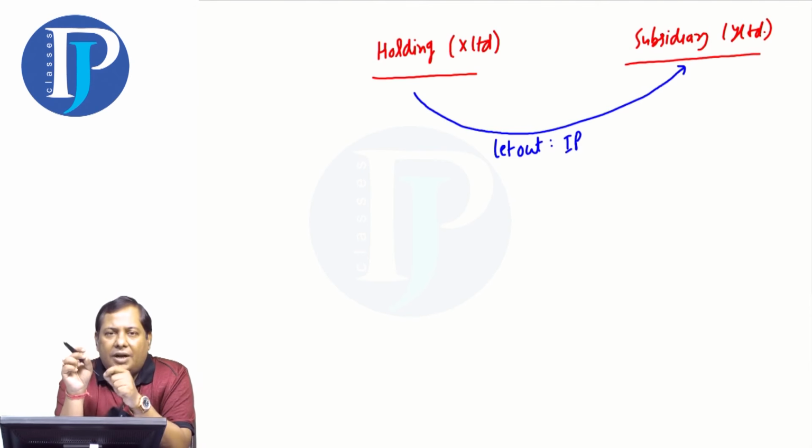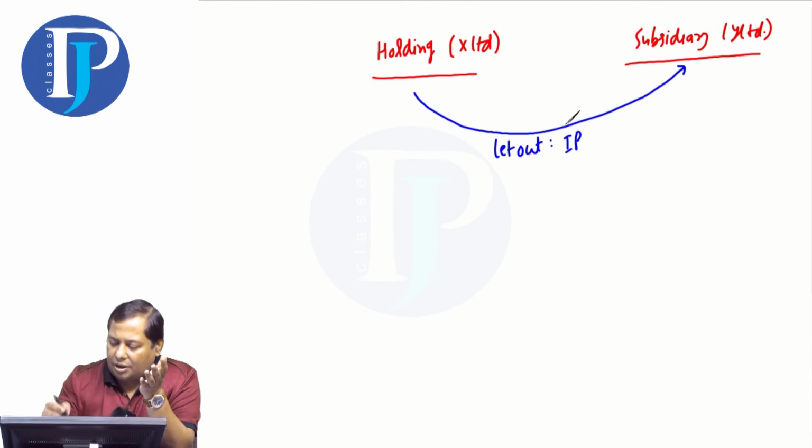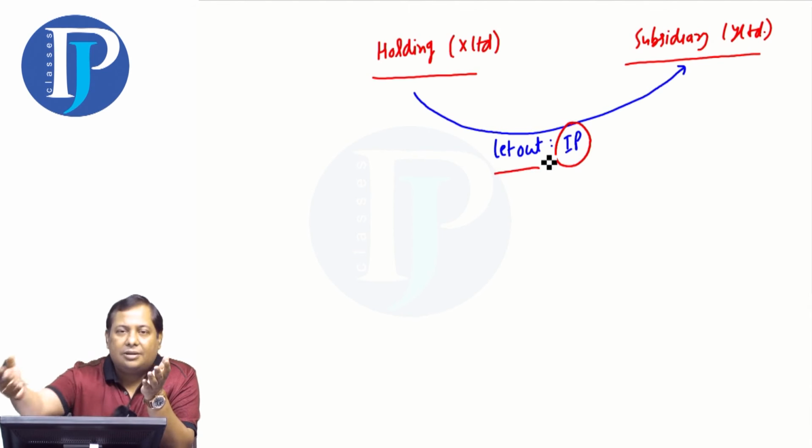The question says that X company leased its investment property to Y company. I will explain this in standardized language. The holding company has leased an investment property to its subsidiary company on rent.